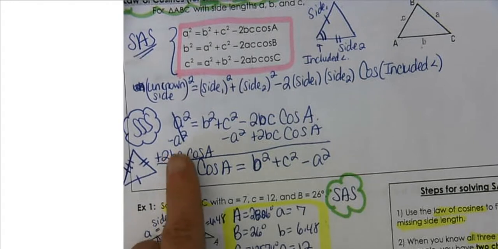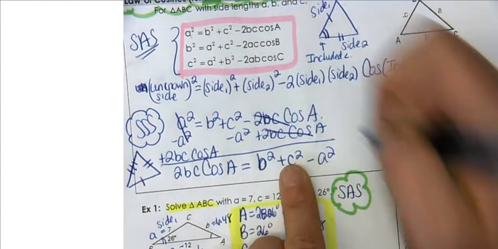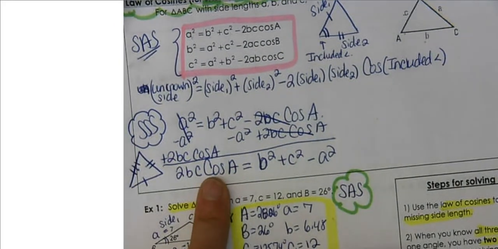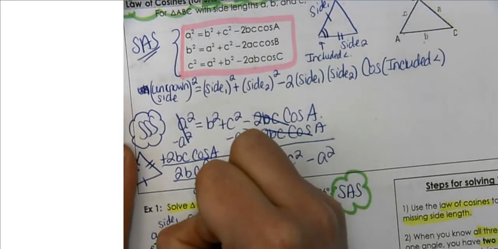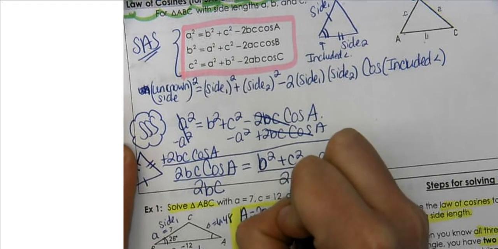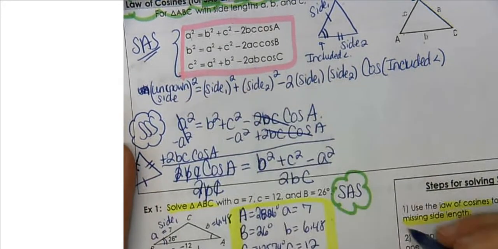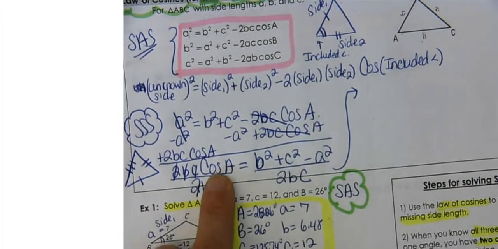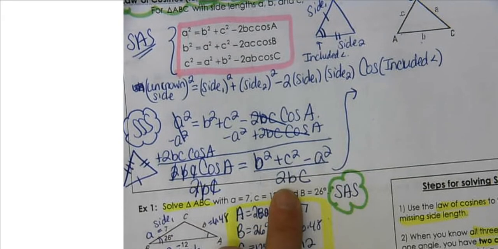So I subtracted a squared on both sides, and I added 2bc times the cosine of angle A on both sides. From here, I need to get the cosine of angle A isolated. So I'm going to divide both sides by 2bc. So the 2's cancel, the b's cancel, the c's cancel. Now I'm left with the cosine of angle A equals b squared plus c squared minus a squared all over 2bc.